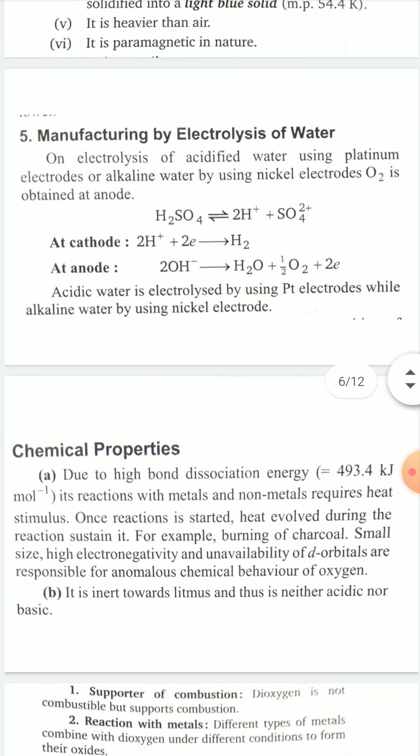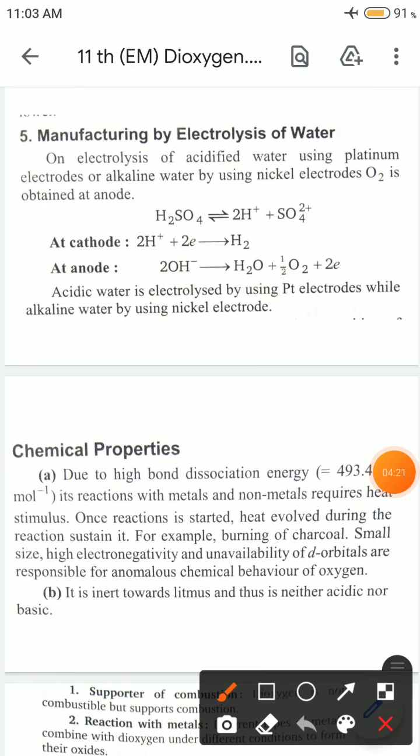Industrial manufacture. On an industrial scale, it is prepared by the electrolysis of sulfuric acid using platinum electrodes or alkaline water using nickel electrodes. H2SO4 gives 2H plus ions and SO4 ion.